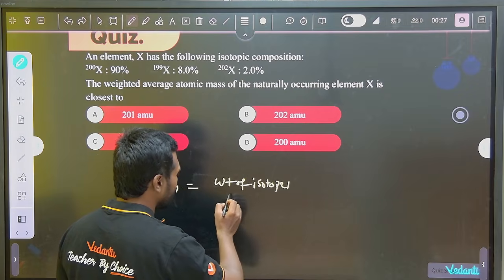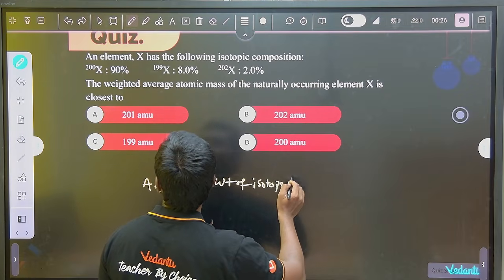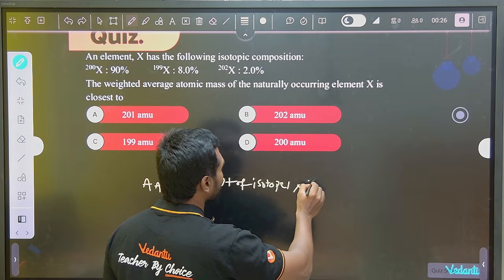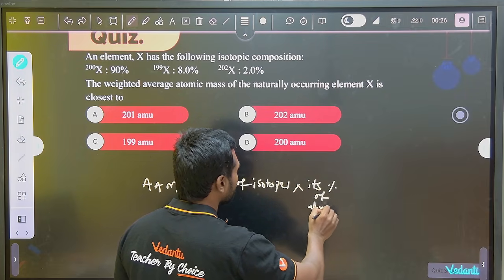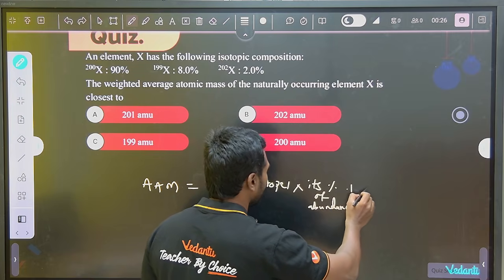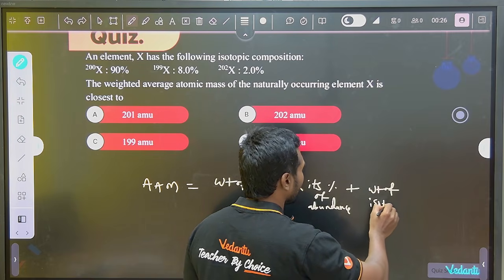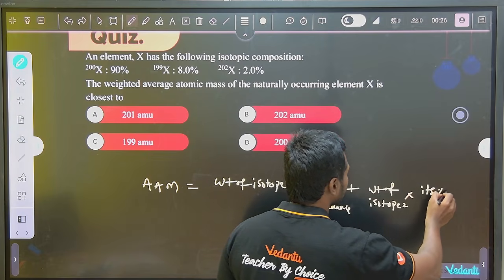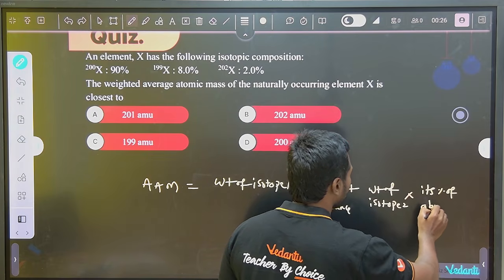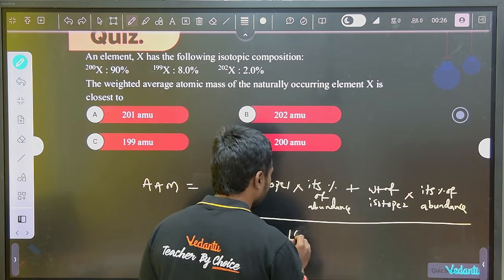So the weight of isotope 1 into its percentage of abundance, plus again the weight of isotope 2 into its percentage of abundance, by 100.